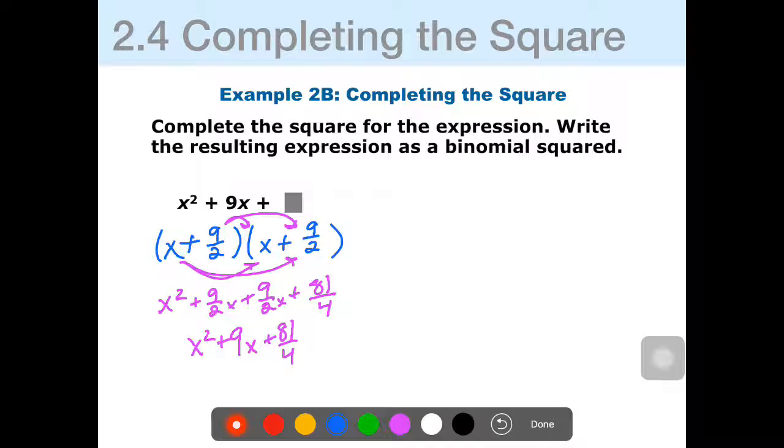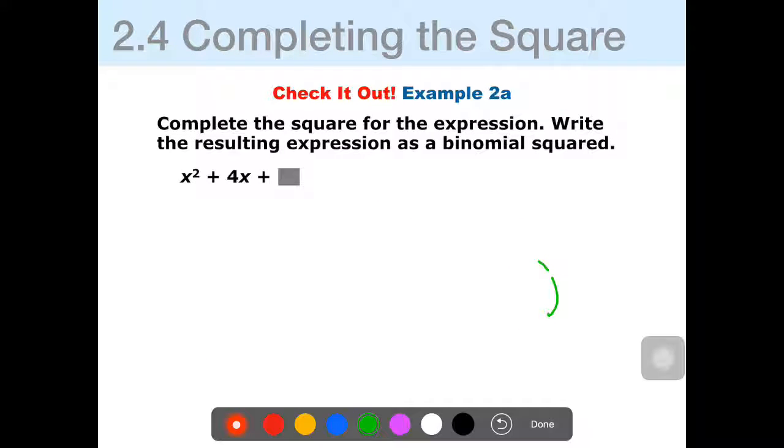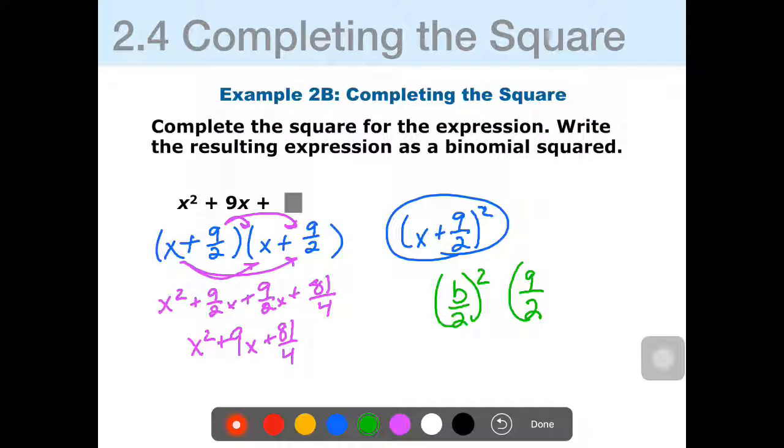And I've completed this square because now I could rewrite this as x plus 9/2 squared. And I did still use the rule from your book. I took my b, which was 9, I divided it by 2, and then once you square that, that is 81/4, and that's what went at the end.